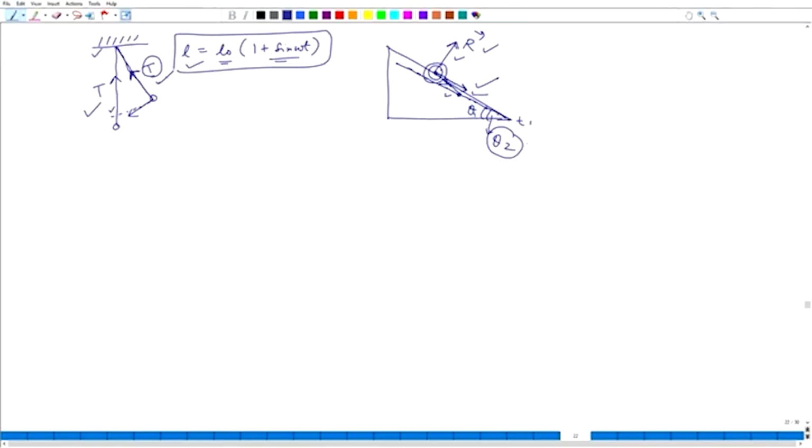For example, whenever this mass is attached to the string, the string is trying to respond to that attachment of mass. Also, when the particle is moving on this surface, the particle touches the surface and the surface also wants to respond to the particle.